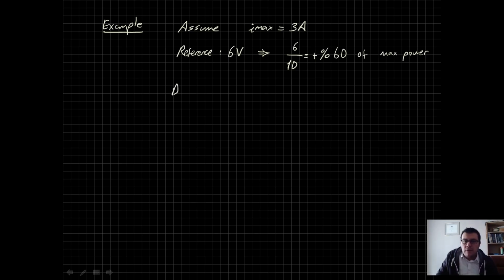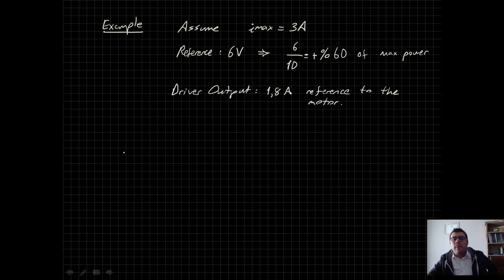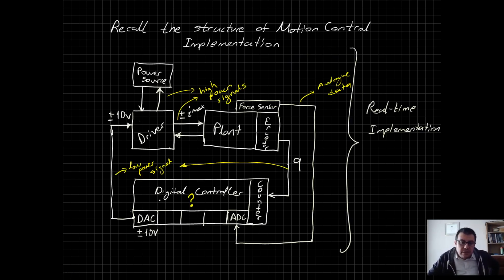So your driver output will be 1.8 amperes reference to the motor. So that's a simple example to illustrate how things are going. So basically your digital controller adjusts the output voltage in the DAC channel, and your driver, based on the reference value in the DAC channel, adjusts the power from the power source to the plant. That's a general systematic.